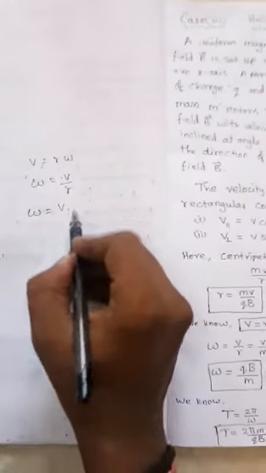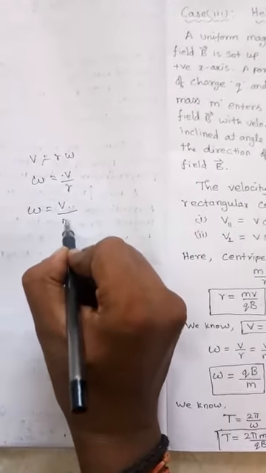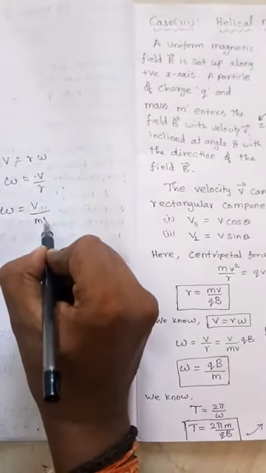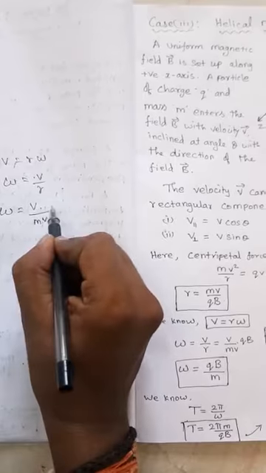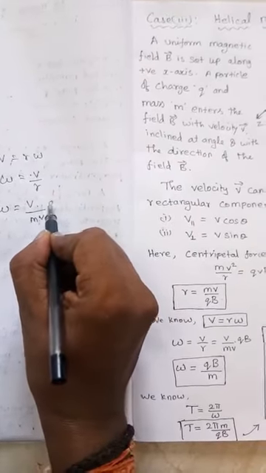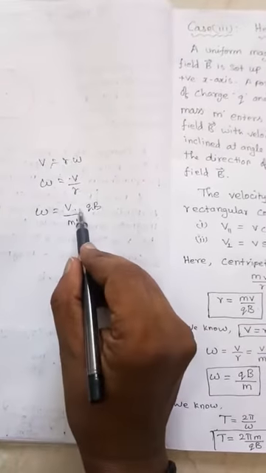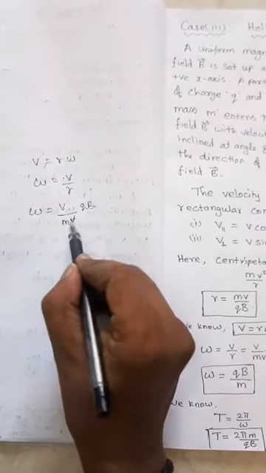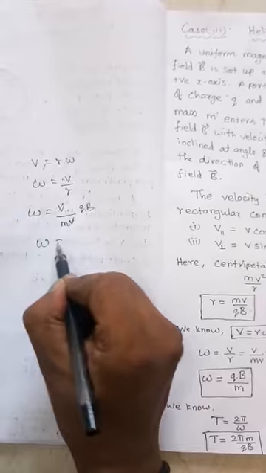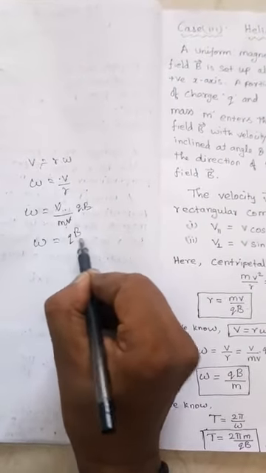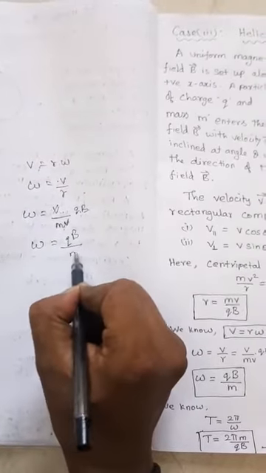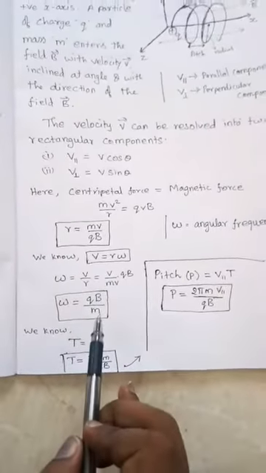Substitute here: mv by qB, the qB will come to the numerator. So omega is equal to v into qB divided by mv. v cancels. So angular frequency is equal to qB divided by m.